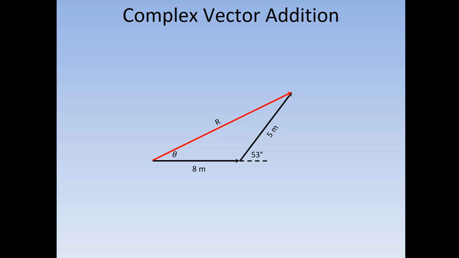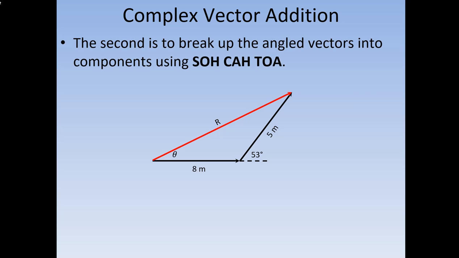Now, the second method, it can be a little bit on the easier side, again, depending on the setup. But essentially what you would do is you would break this vector, the 5 meters, into its components. Because instead of using law of cosines, we can actually use Pythagorean theorem. But in order to use Pythagorean theorem, what we need is a right triangle. So we need to know exactly how tall the resultant vector is, and exactly how long or wide it is.